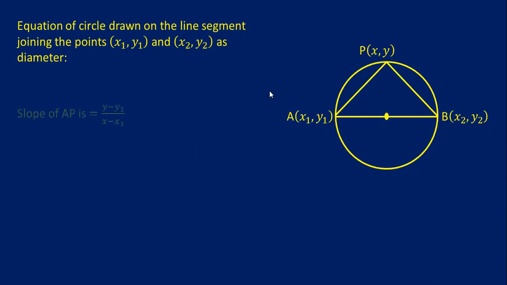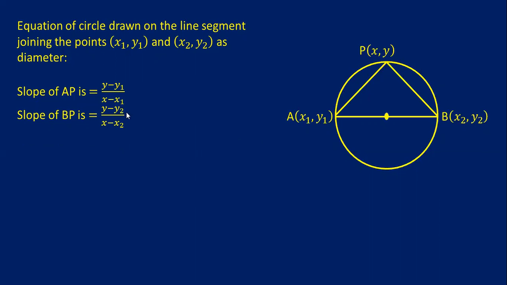Now see, the slope of AP is the change of ordinate, that means y minus y1, over the change of abscissa, that means x minus x1. Now the slope of BP is y minus y2 divided by x minus x2.